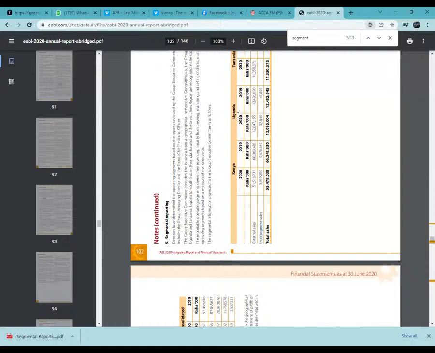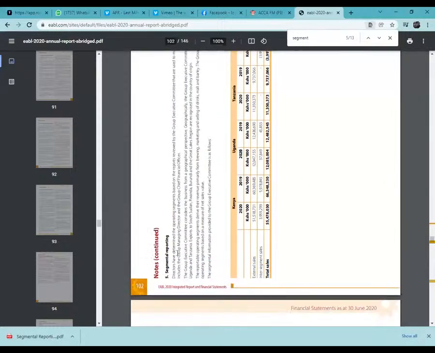Yes. Now you can see, I'll try to change this to a way you guys can read, but at least you can see here we have segmental reports. Directors have determined the operating segments based on the reports reviewed by the group executive committee. You see the chief decision maker that are used to make strategic decisions.